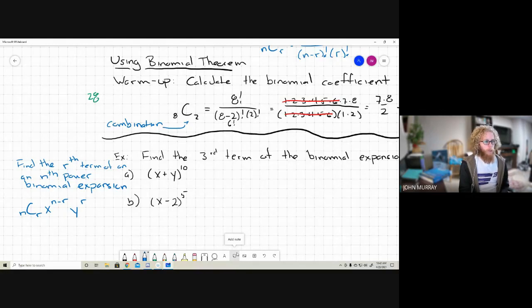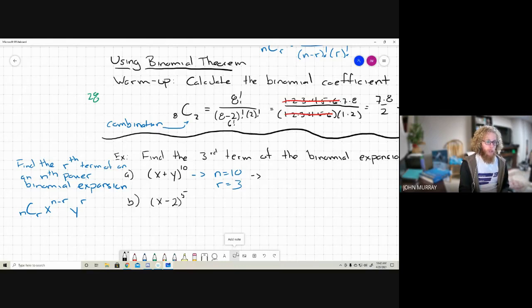All right, so I want to find the third term of this. I have my n is 10. That's the power they give us. And I have my r is 3. And really, that's all you have to do. Then you can just plug in what we need.